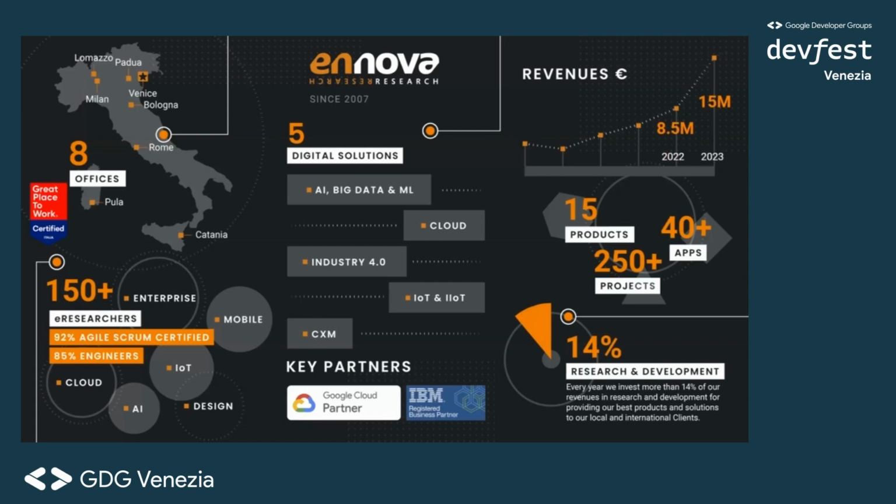We are active in AI, data, ML, cloud, industry 4.0, IoT, CXM, web development, a lot of things. And one of the nicest things is that about 14% of the revenue goes to research and development, thanks to which we can develop and actively research cool stuff like the ones that we are going to see today. So I think that this deserves to be mentioned.